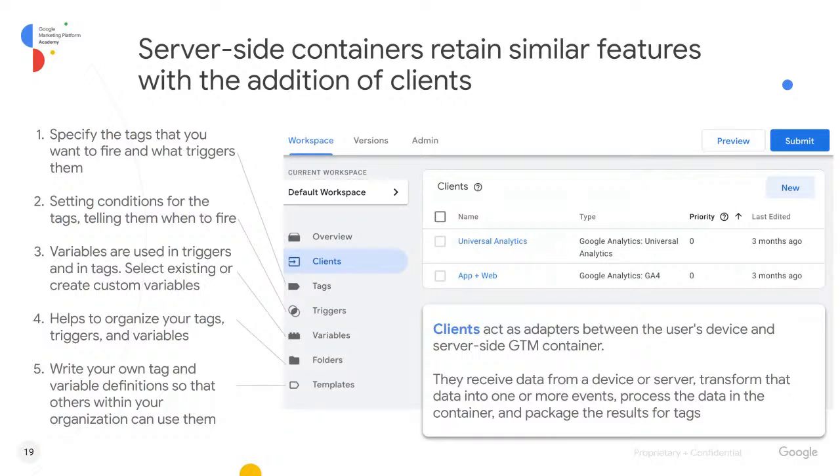They listen to the web container data and bring it to the server as an event that can then be processed and sent afterwards back to the different endpoints. Endpoints meaning whatever other third parties that you are using on your website.